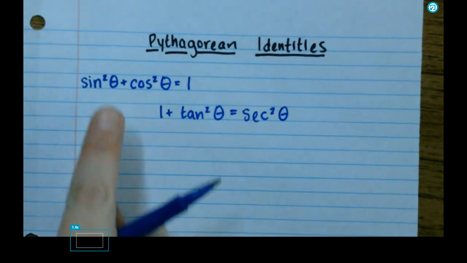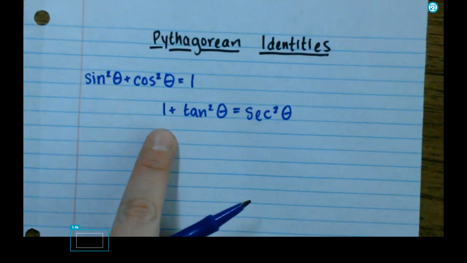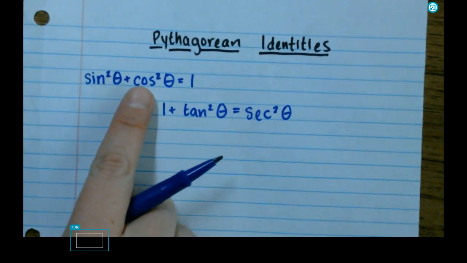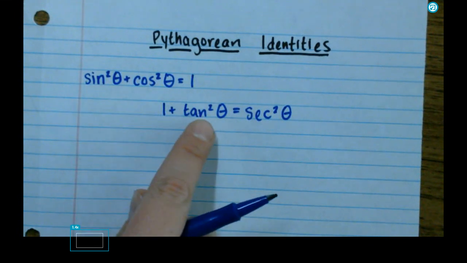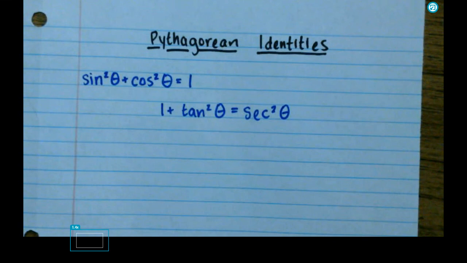So how we would get from here to here is if you divided everything by cosine squared of theta. Cosine squared of theta divided by cosine squared of theta would be 1. Sine squared of theta over cosine squared of theta would be tangent squared. 1 over cosine squared would be secant squared.